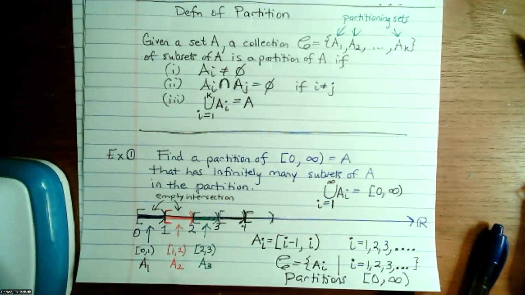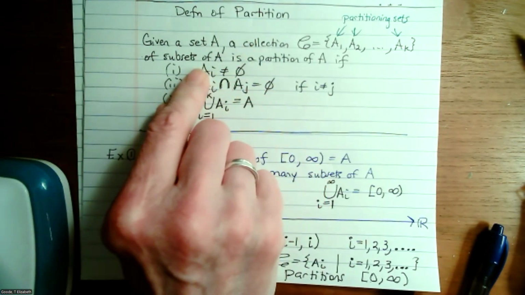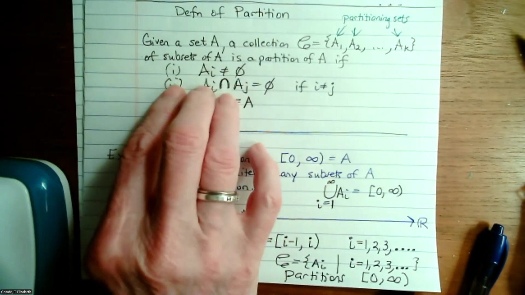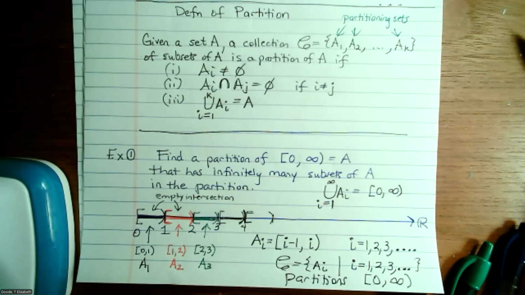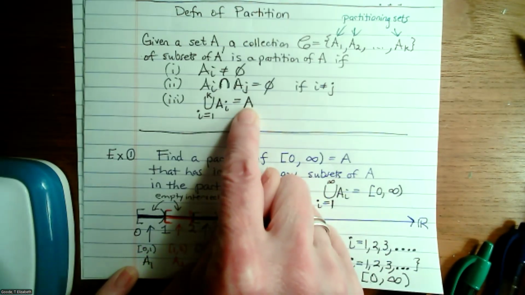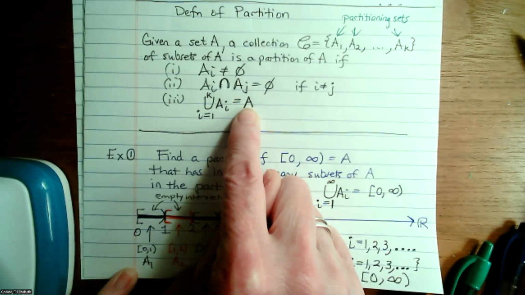And the reason we have this first caveat that we don't want any of them to be the empty set is because, well, if we let some of these subsets be the empty set, we could have a whole bunch of them be the empty set, and you're not adding any value. The empty set doesn't help you build A. There's no element of A in the empty set. See what I mean?